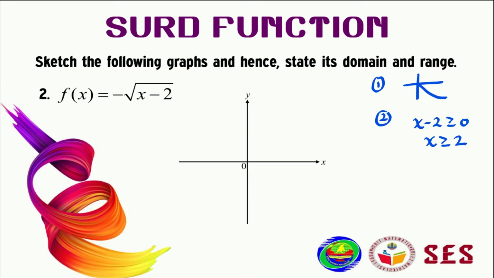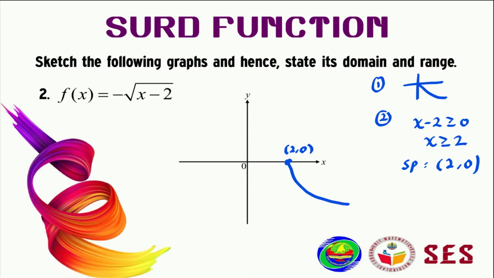Okay, so we need to get the y coordinate for the starting point as well, and since we don't have any plus or minus constant here, our starting point should be at (2, 0). Okay, so this is the starting point here, (2, 0), and we have agreed earlier that the graph is in this shape, so we can straight away sketch the graph now.